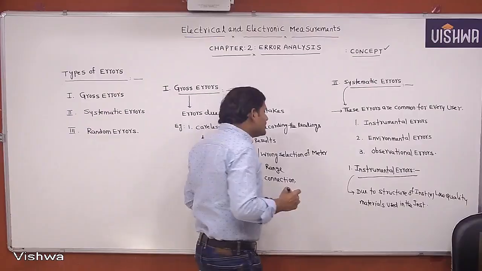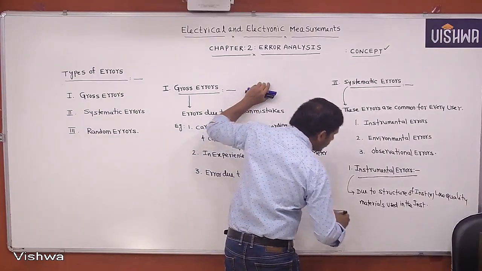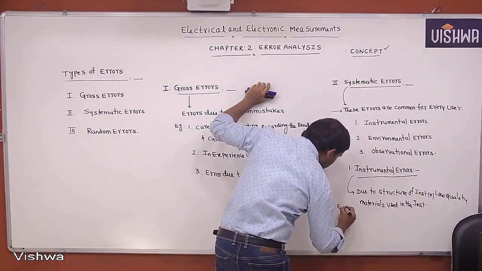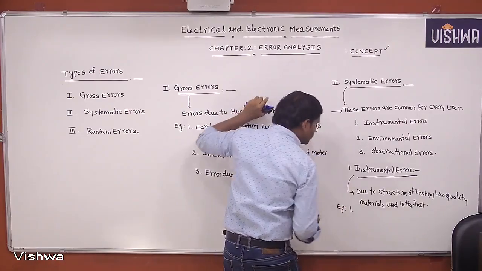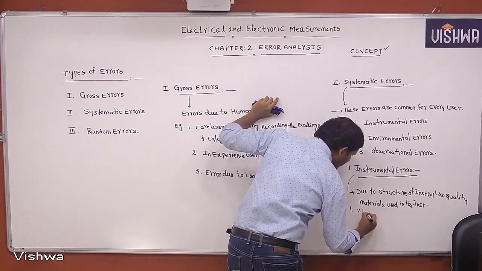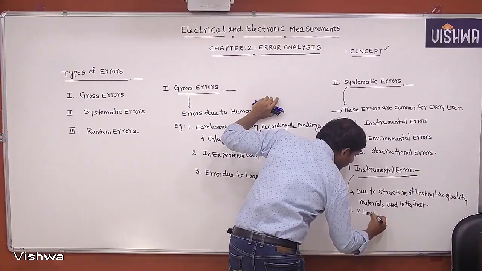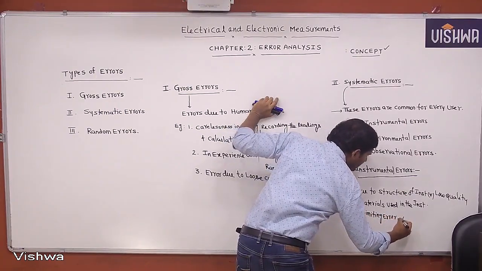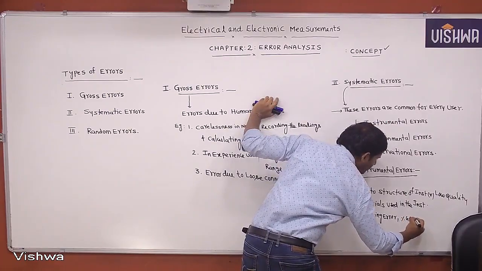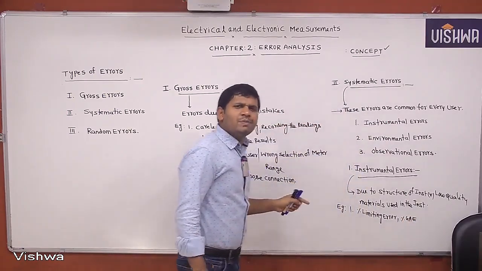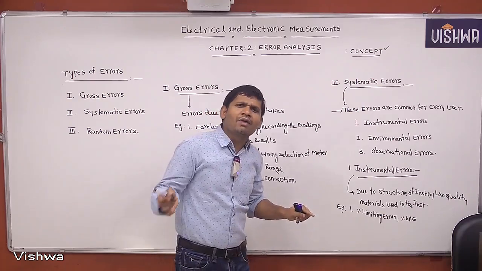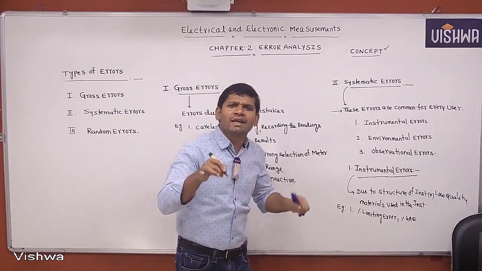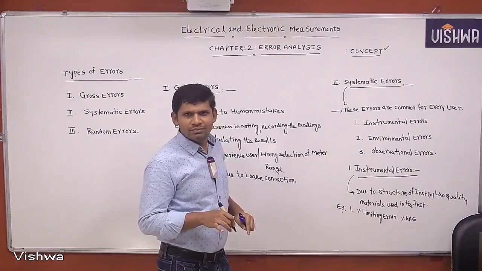Then what are the examples of instrumental error? One is percentage limiting error, and another is percentage guarantee accuracy error. These errors are specified by the manufacturer along with the instrument based on design considerations.